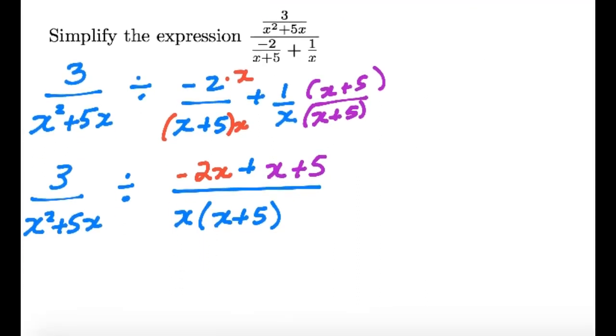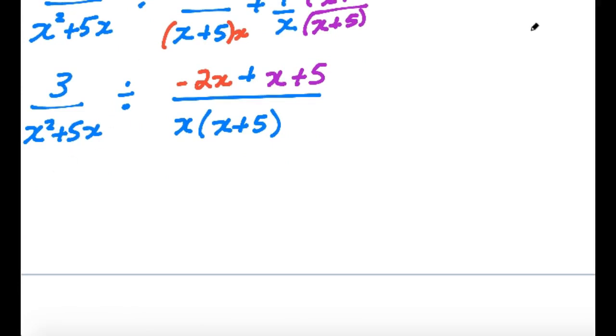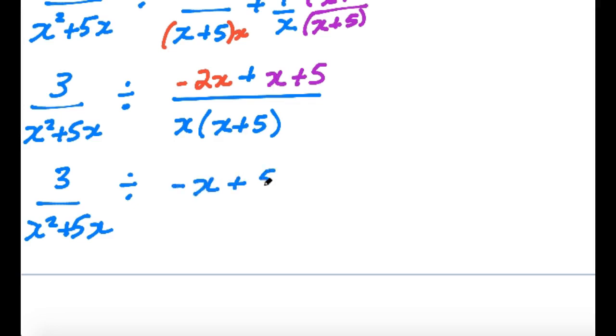So I'm going to come up over here. We can scroll down a little bit. So we have 3 over x squared plus 5x divided by, well, negative 2 plus 1 is negative 1x plus 5 over x times x plus 5.